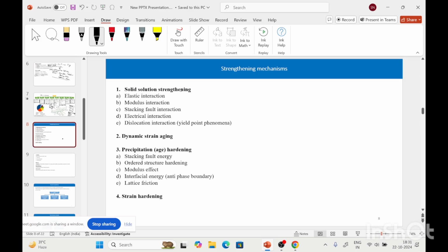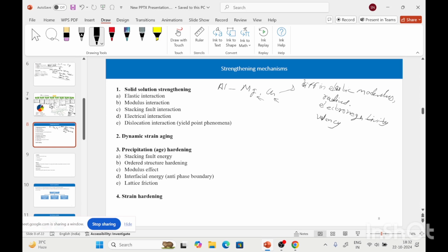In solid solution strengthening, if we first consider an aluminium-magnesium or aluminium-copper alloy, the atoms of the alloying elements magnesium and copper have a different elastic modulus, a different atomic radius, different electronegativity compared to aluminium, and different valencies.